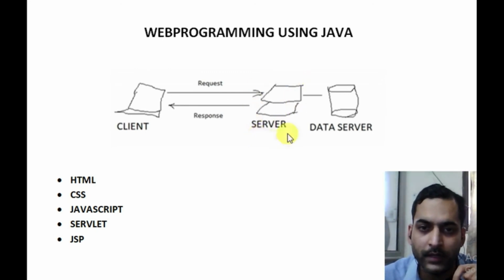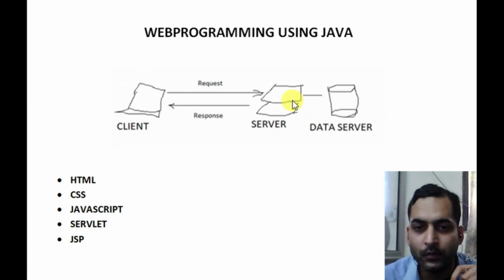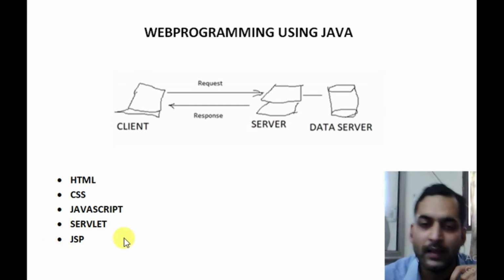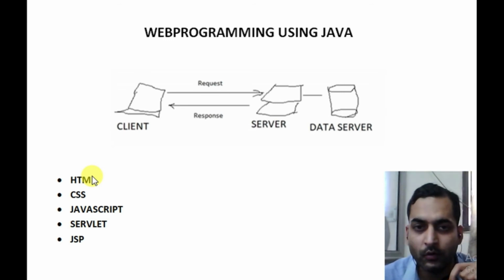It does not perform anything on its own. For doing some computation, it needs a helper application, and in case of Java, servlet and JSP can be used as a helper application. So these are the elements which one must know in order to develop a good website using Java, right?